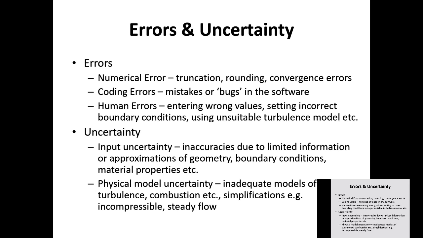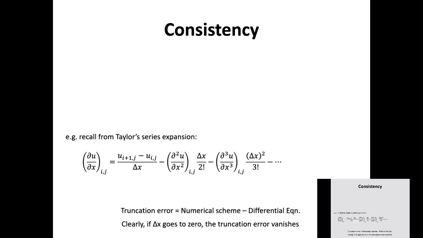And physical model uncertainty, meaning you have a physical problem and then you have your numerical model. You need to be certain that your physical problem is represented by your numerical model. For example, to know whether your combustion model is correct, whether your turbulence model is correct, etc. Okay, so you have errors and uncertainty.